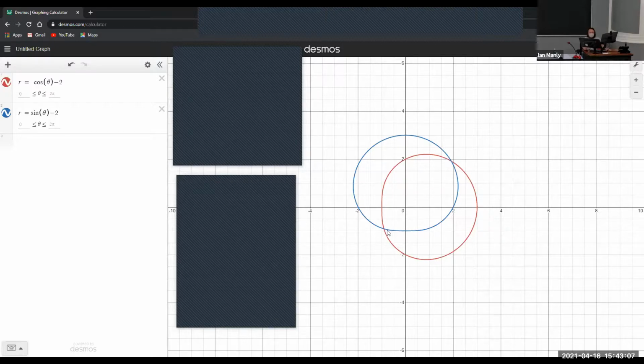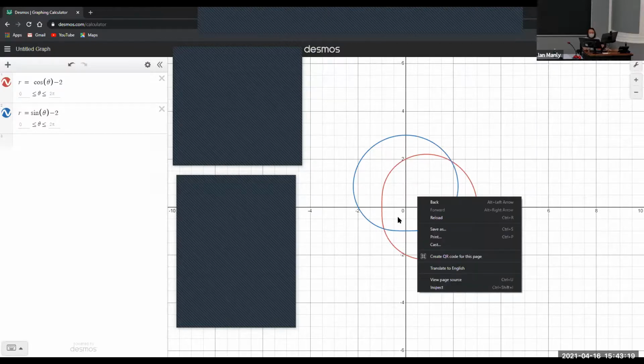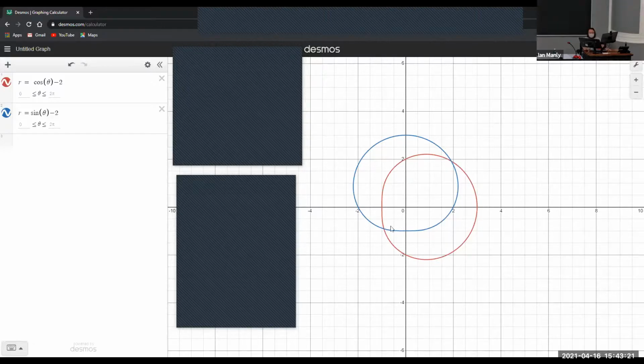The way we're going to do this is I'm going to try to get the area on the lower half, or kind of the lower and to the right half, of this intersection right here. So I'm going to start at pi over 4, and then follow the blue curve around. I'm going to kind of shoot lines out from the center to the blue curve.